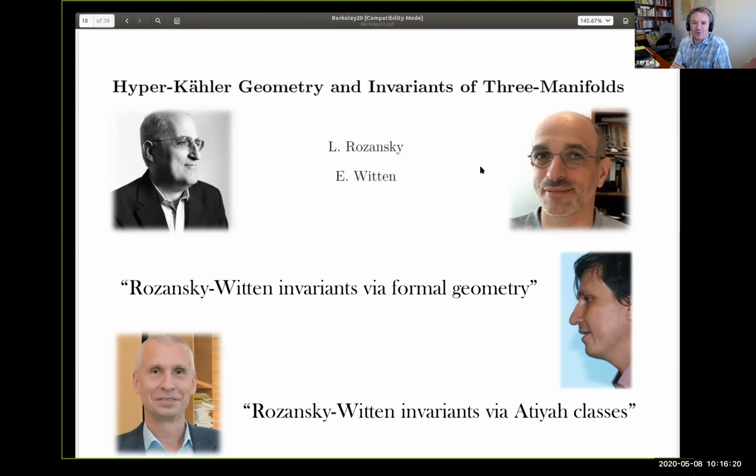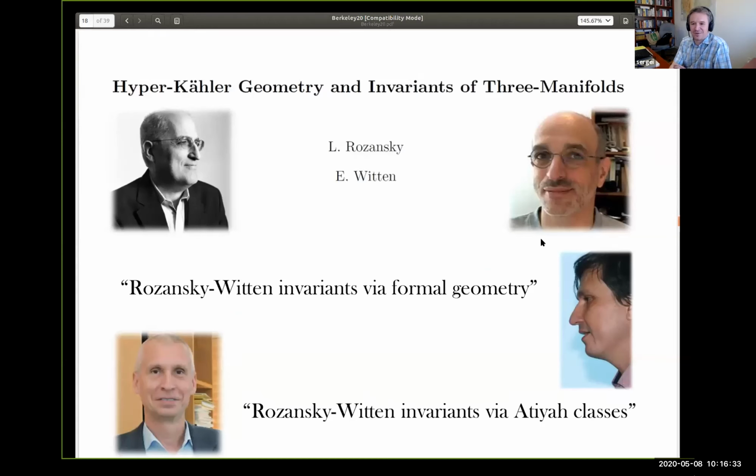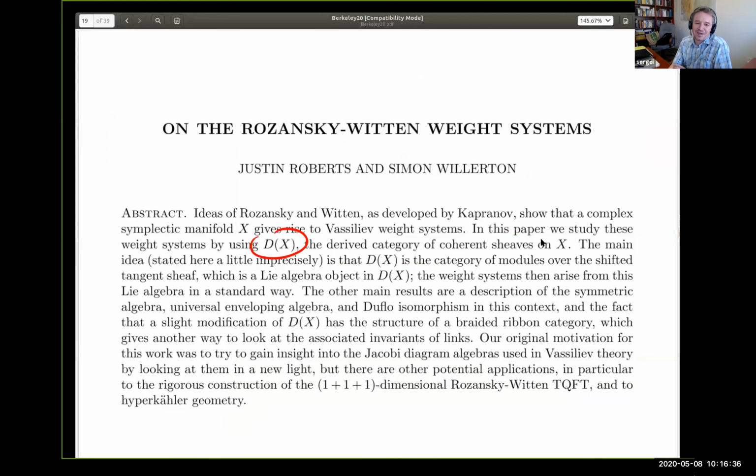So then the natural question is, what is the MTC underlying this TQFT? I just told you that MTC data and TQFT data are very similarly related. So I should have no trouble extracting MTC from their construction, right? Well, so many people thought, including Justin Roberts and Willerton, who tried to ask exactly this question.